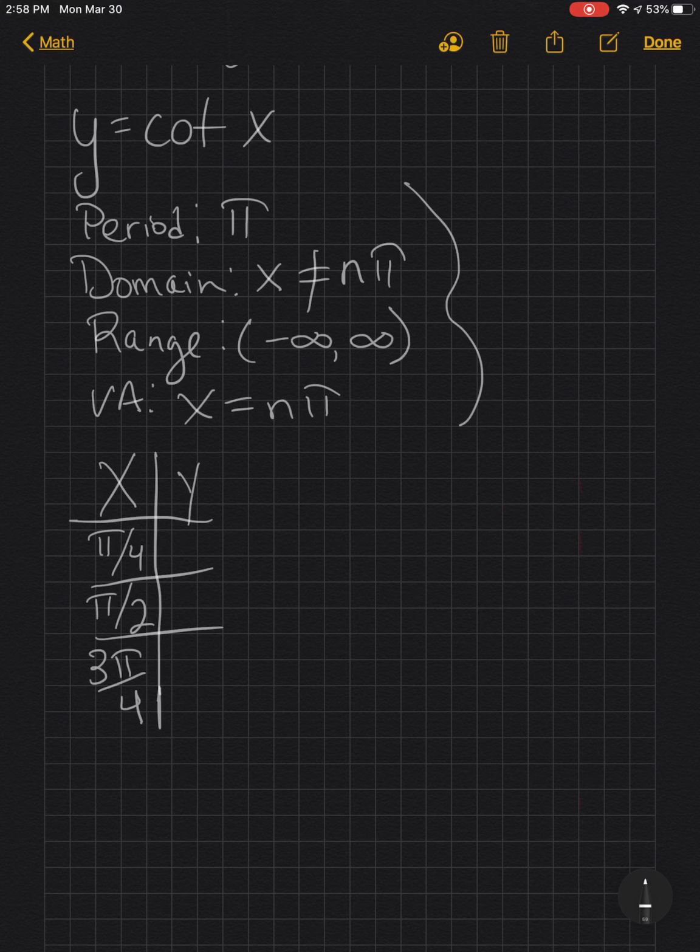So when you have a number in front of your x, these will change, okay? And it's the same way that it did with tangent. So I'll do an extra example after this and show you, in case you forgot. All right, and so now at pi over 4, we know that that's 1. At pi over 2, that's 0. And at 3 pi over 4, that's negative 1. So now we make that into a graph.